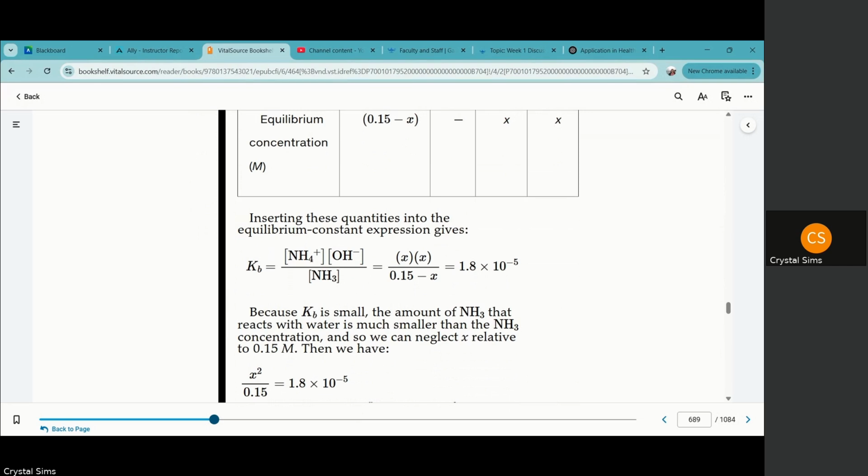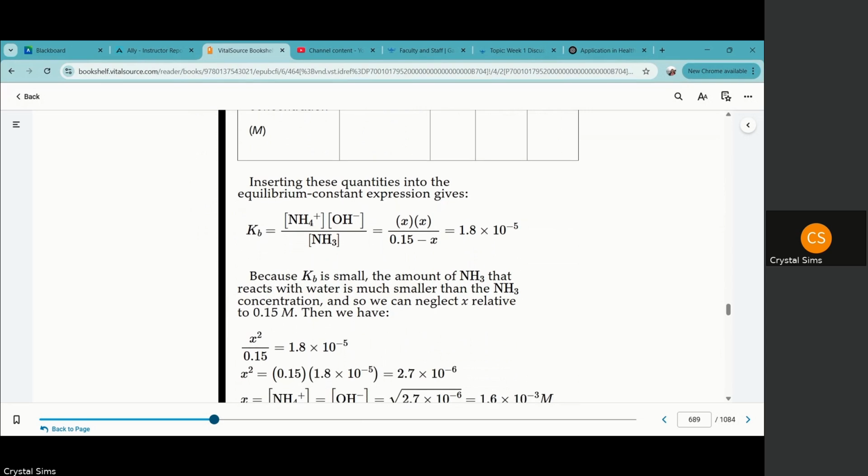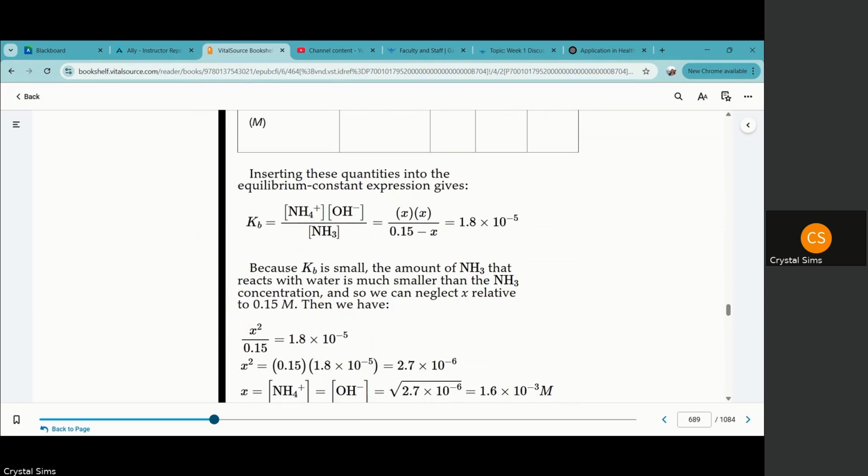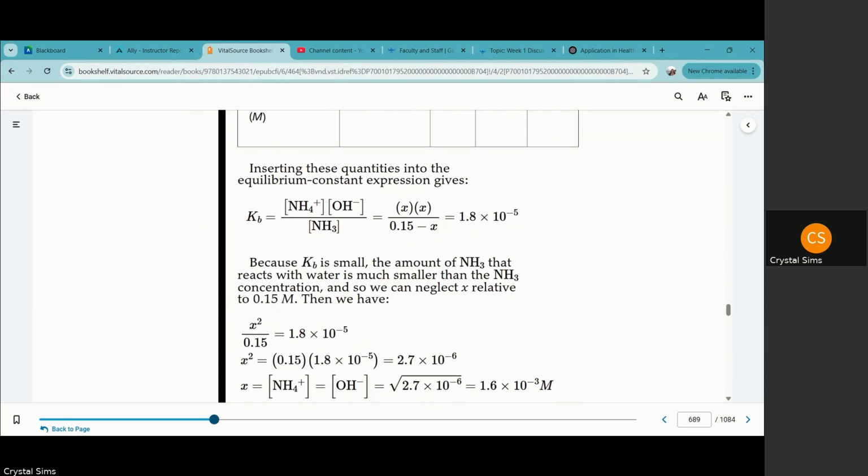But if that number is really, really tiny, then you can just forget about it here. Once we do our cross multiplication and solve for X, X is equal to 1.6 times 10 to the negative 3.